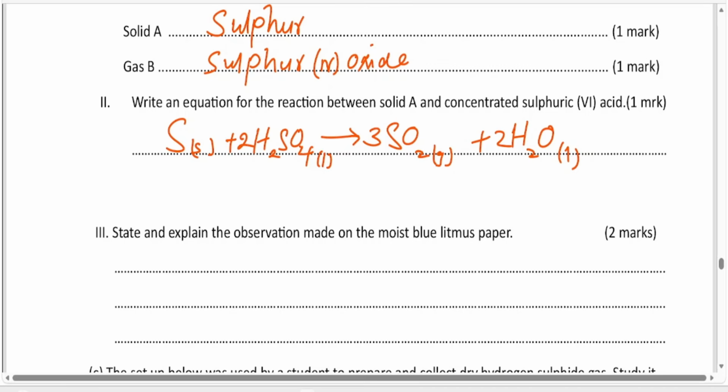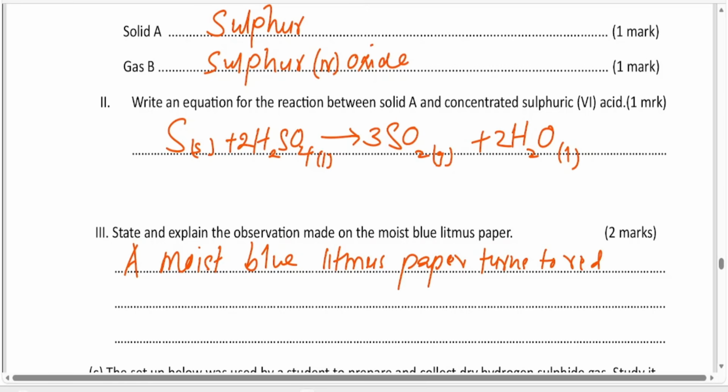So the answer in our case is a moist blue litmus paper turns red and then gets bleached, or we can say turns to white.